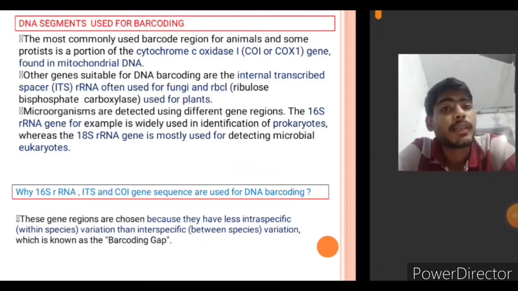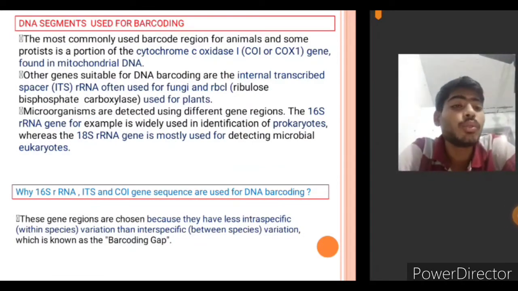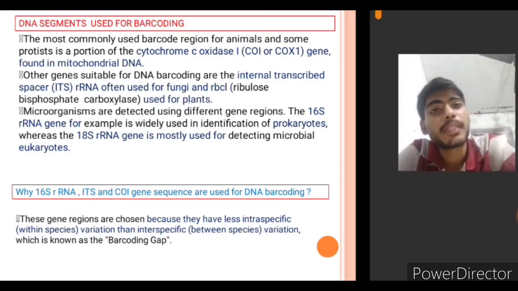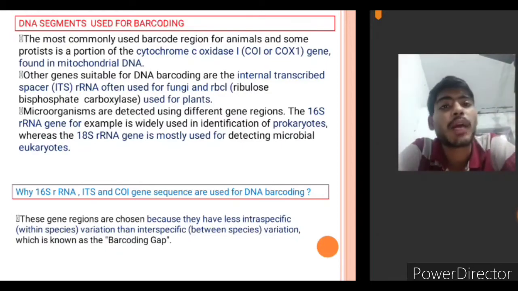Then we discuss the DNA segments which are used for DNA barcoding. There are many segments used for DNA barcoding, of which the common ones are: in the case of animals we use cytochrome oxidase 1.